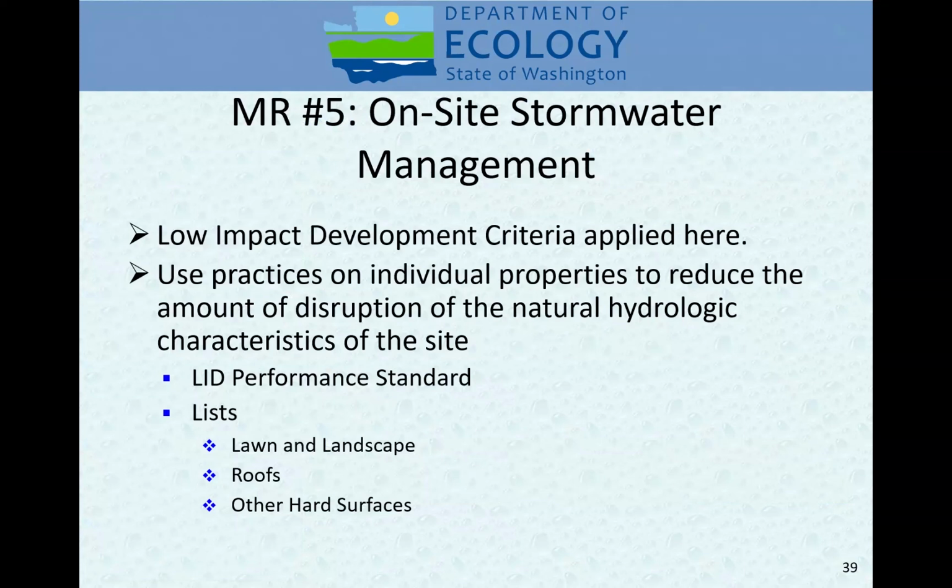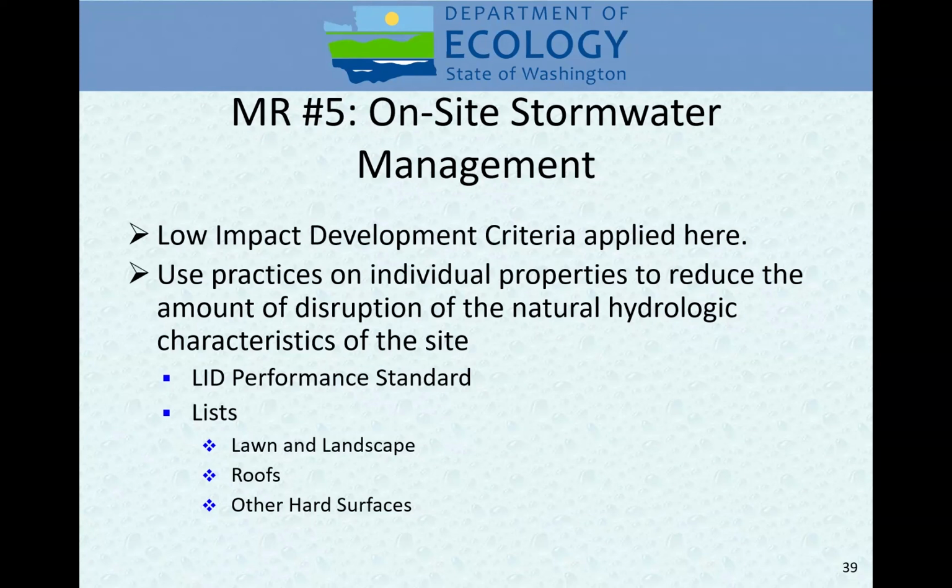So minimum requirement number 5 is where we apply the on-site stormwater management LID criteria. We're asking people to use practices on the individual properties to reduce the amount of disruption of the natural hydrologic characteristics. And we want you to show us this in one of two ways. One way is what we call the LID performance standard.